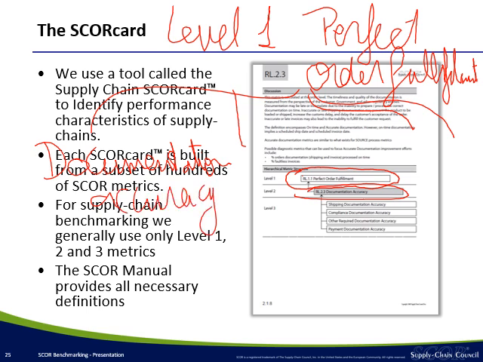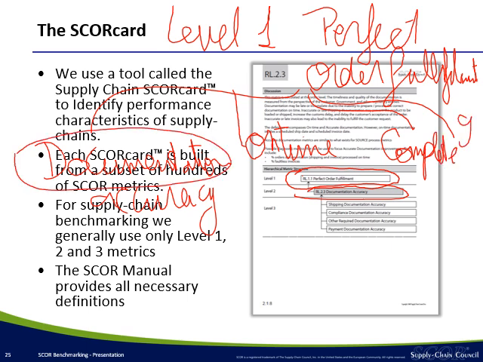Perfect order fulfillment means you delivered the order in perfect state. Perfect means it arrives on time, complete, with all the documentation, and in good conditions. I don't need to memorize all of this.